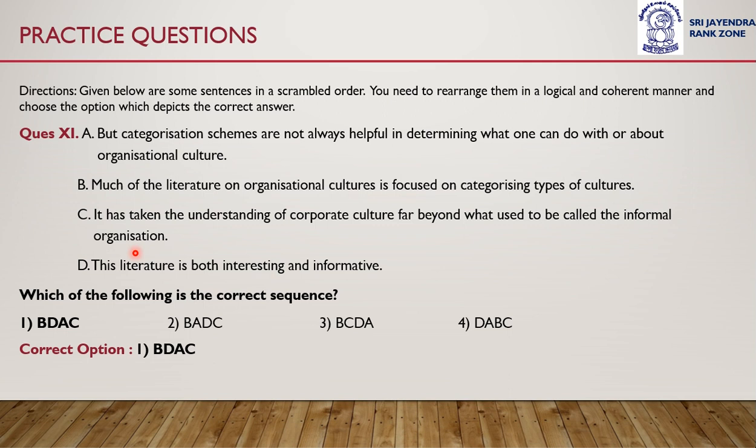After this, A takes up the thread and tells us the shortcomings of categorization in determining what can be done, and then it tells us about the ultimate conclusion. So BDAC is the correct sequence.